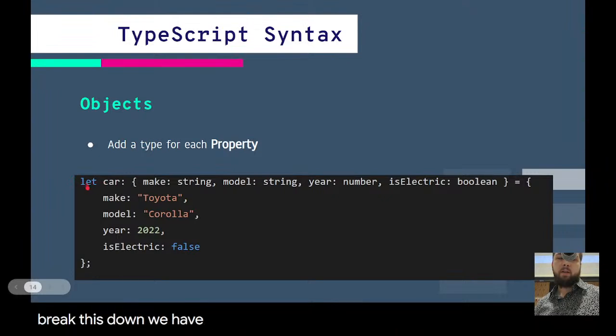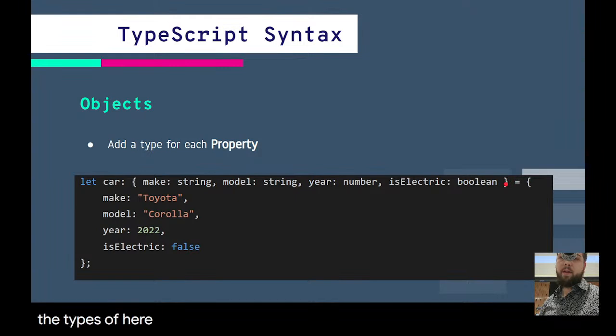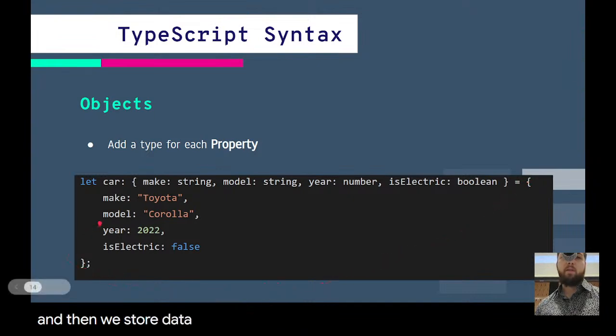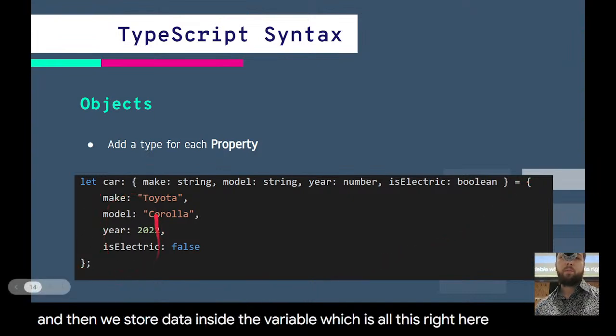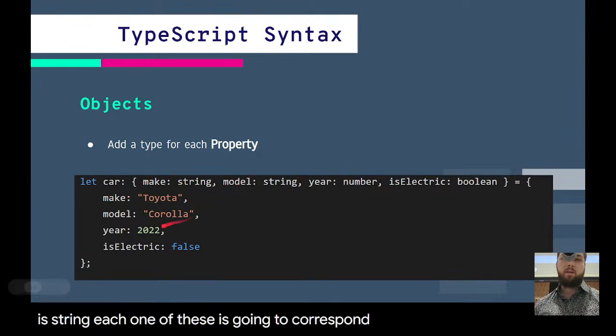We have let car as the variable, colon, and then we define all the types up here. After that, we have the equal sign, so we're going to assign it some data, and then we store data inside the variable, which is all of this right here. So make is string. Each one of these is going to correspond to its defined type.